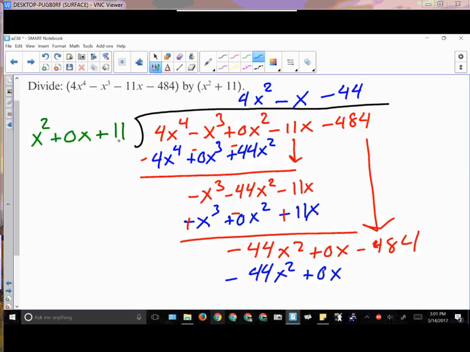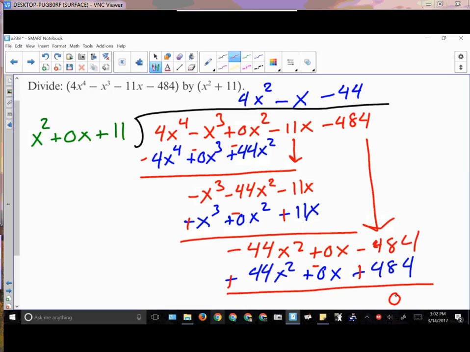Negative 44 times 11 is going to be a negative 484. Now, change the signs. This goes to addition, this goes to subtraction, this goes to addition. Now, when I go through and do this, negative 44x squared plus 44x squared disappears. 0x, 0x disappears. Negative 484, positive 484. I end up with 0.